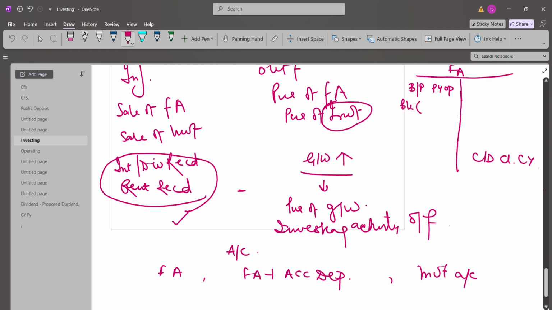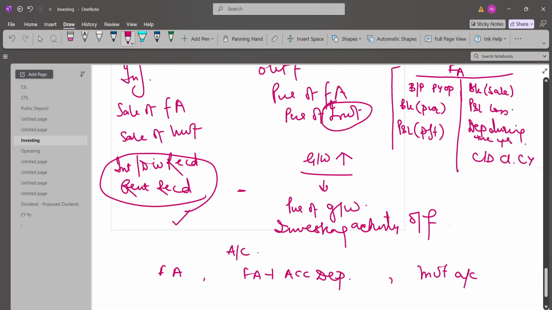Bank purchase comes on the debit side, P&L profit comes on the debit side. On the credit side, we have bank sale, P&L loss, and we also put here any depreciation during the year on all assets.